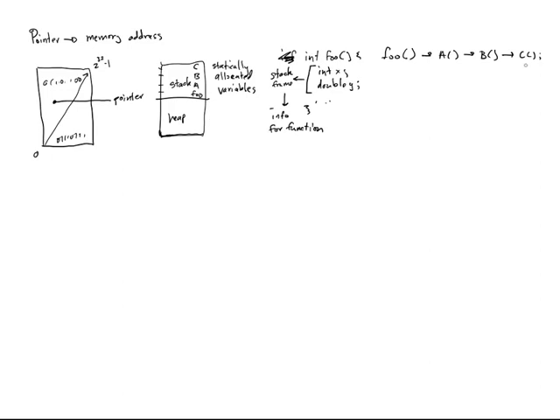Each one of these functions needs some memory allocated for it, and as the function returns, this space gets deallocated for us automatically. So there's no dynamic memory allocation, and there's nothing we have to do to clean up our variable usages.